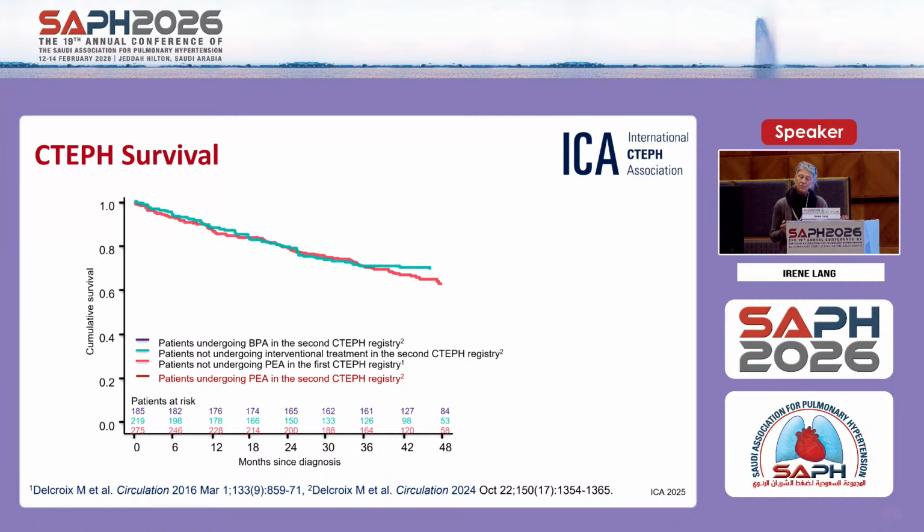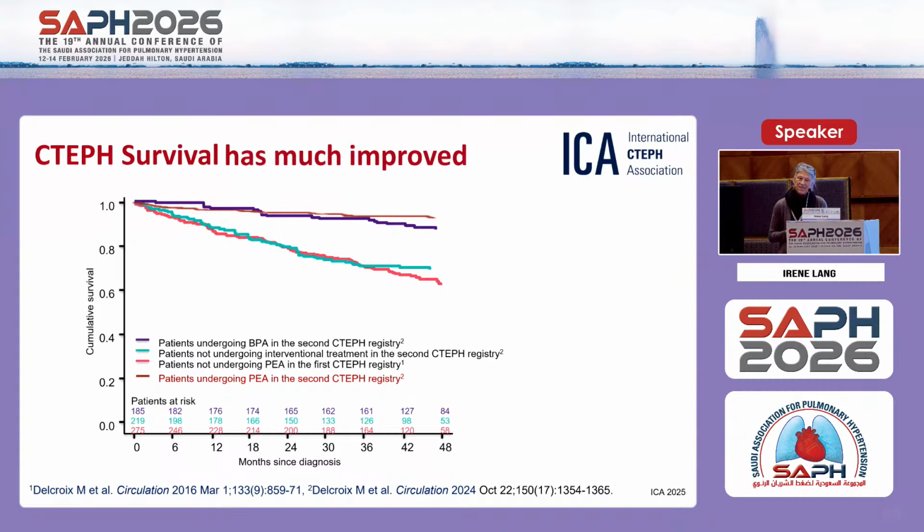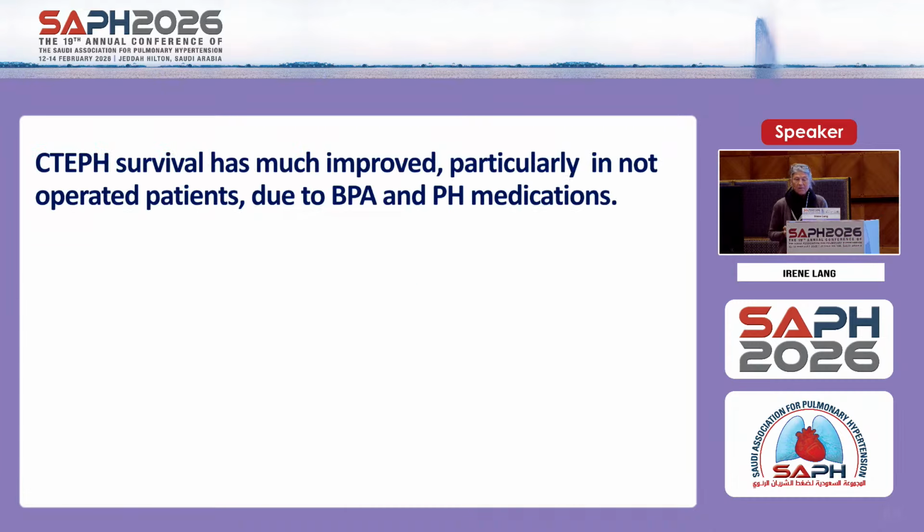But also in the second registry, those who were no candidates for pulmonary endarterectomy undergoing BPA are the purple. 3-year survival changed from 72 to over 94%. And this aligns very well with PEA, pulmonary endarterectomy survival. So I think we can say this is a reason to celebrate. SAPH survival has much improved. But what were the drivers?